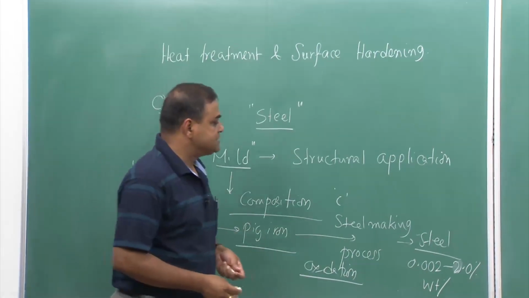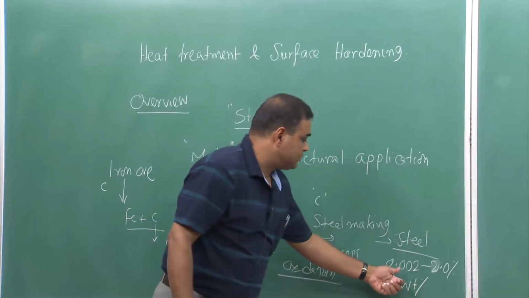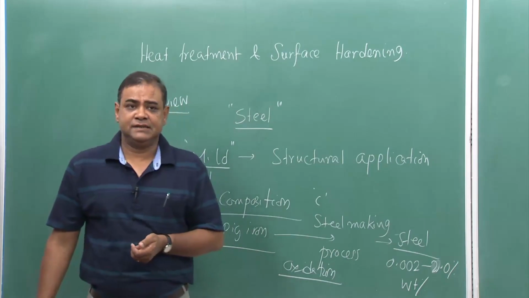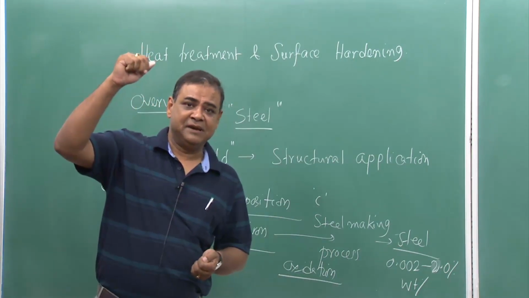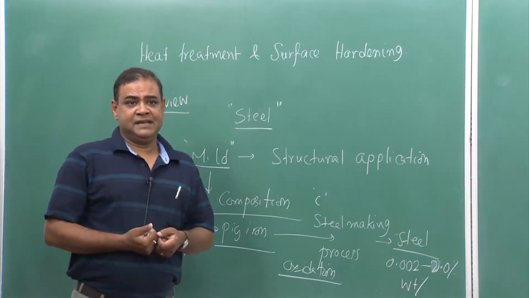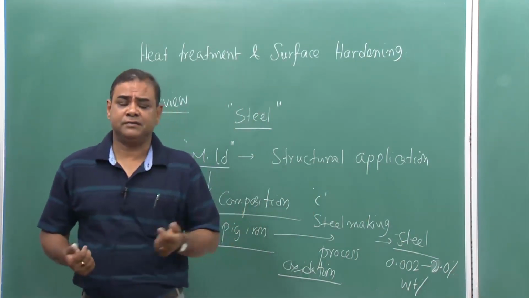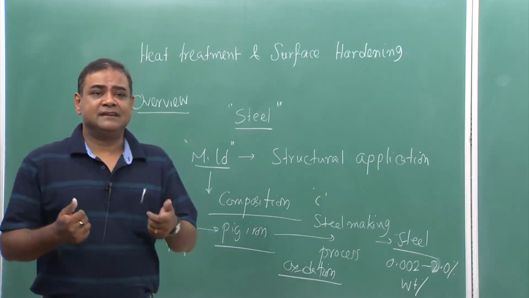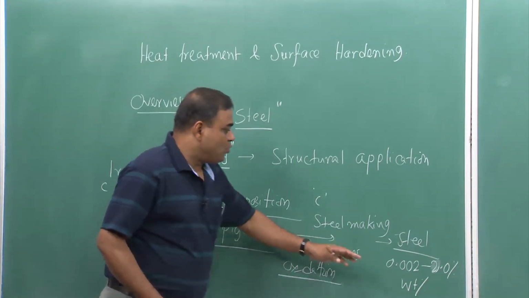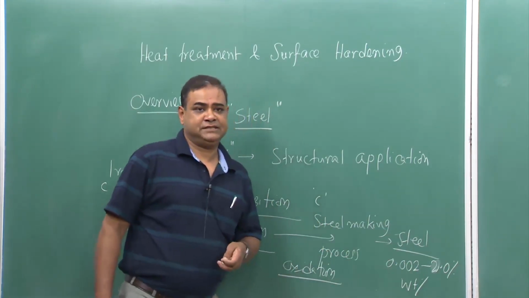Now, if we consider 0.2%, coming to this particular low carbon one, as we increase carbon content, its strength increases, but consequently its ductility decreases. So, that means it becomes harder and harder, but its ductility becomes lesser and lesser. So, we have some variation in properties as a function of carbon content.